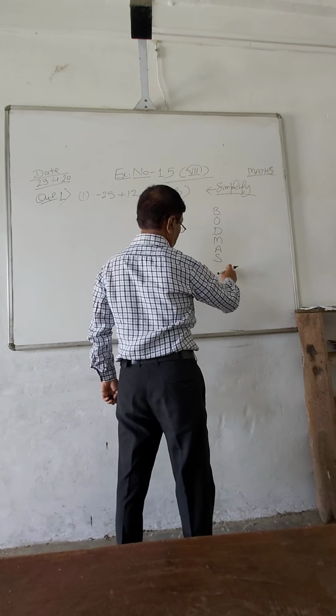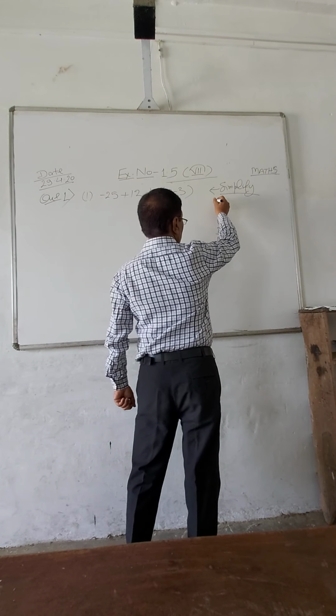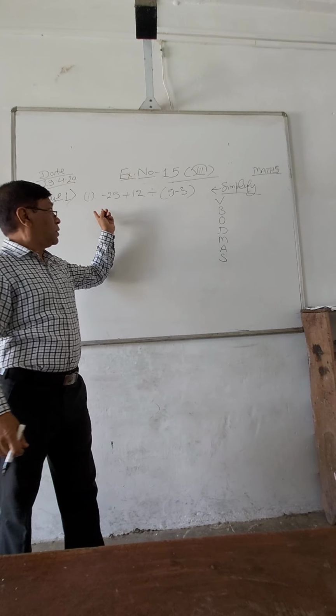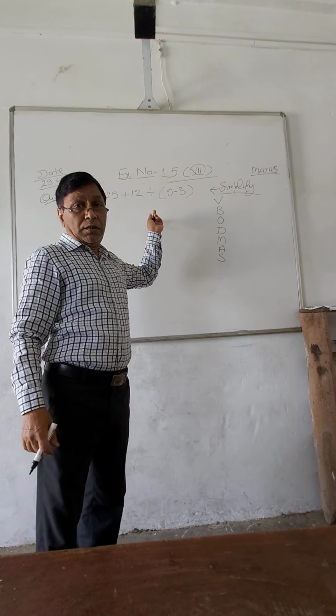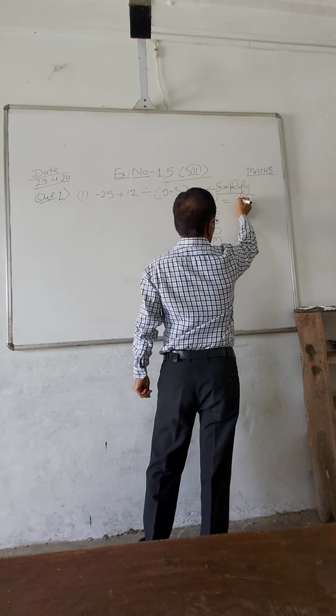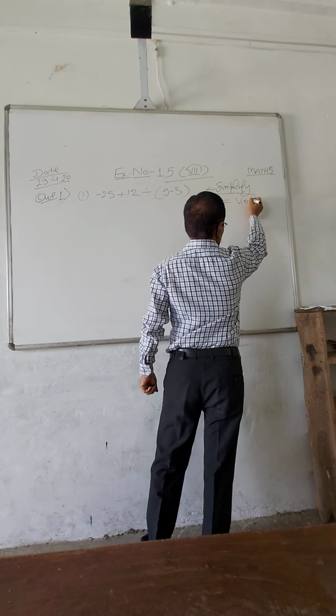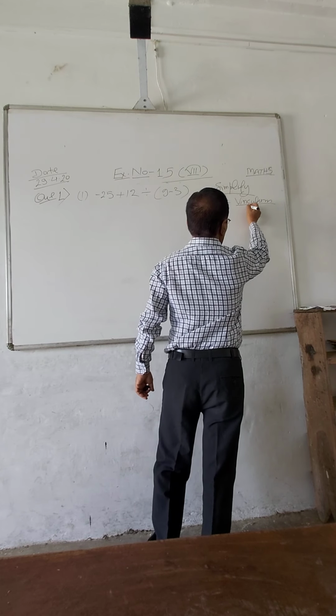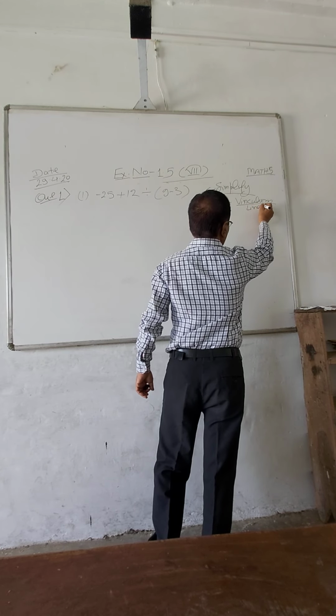Division, multiplication, and here also one more letter. With this rule, always solve. First, the vinculum, which is also called the line bracket.